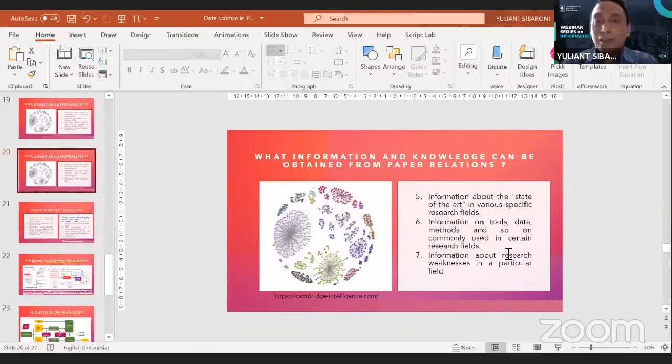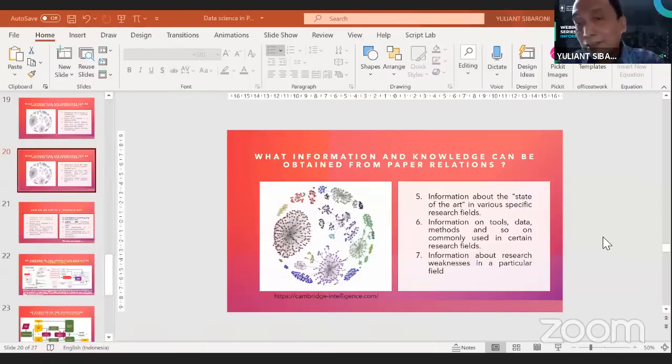We can use a classification method to classify sentences in paper relation as criticized or not. This is the first step.